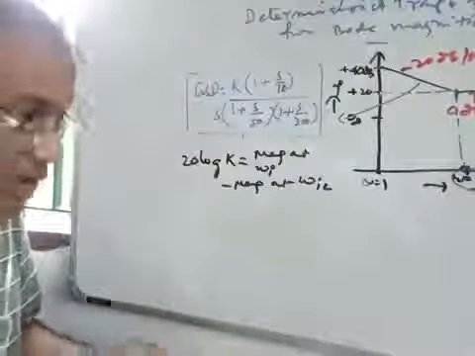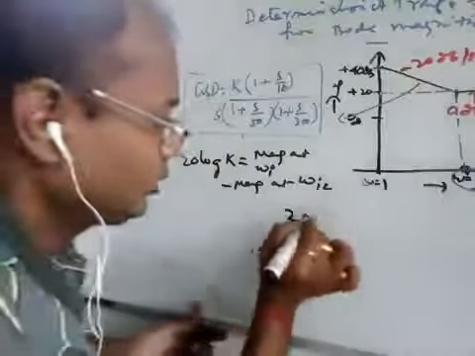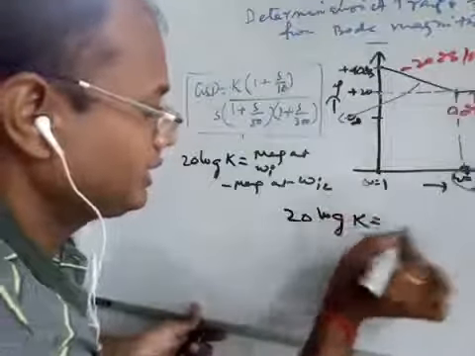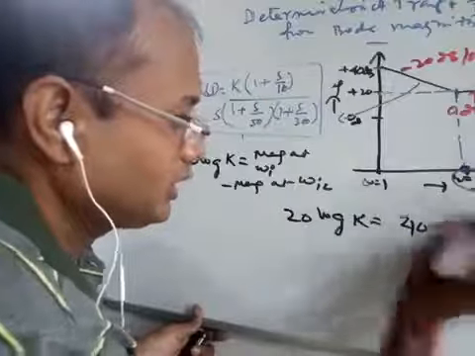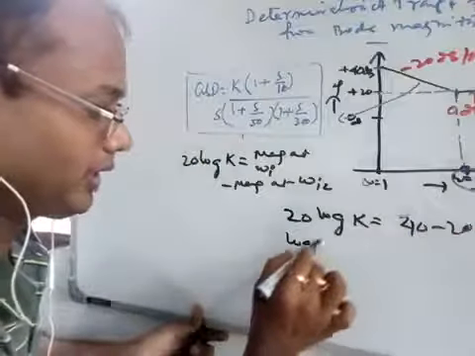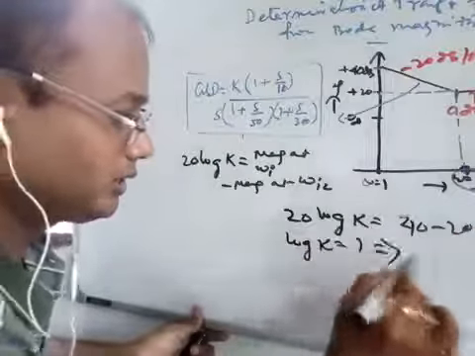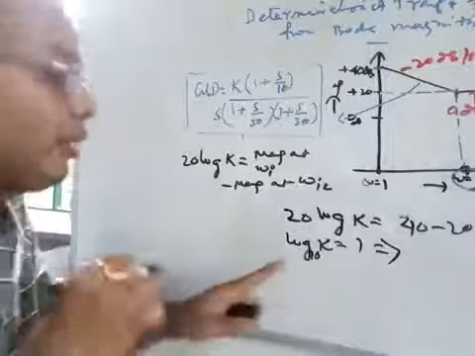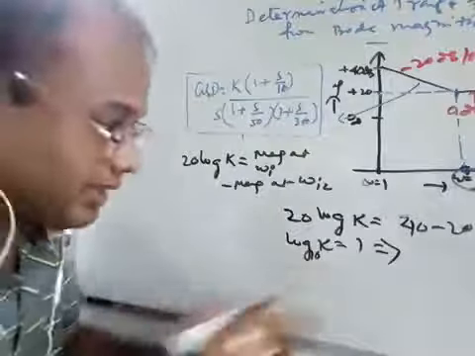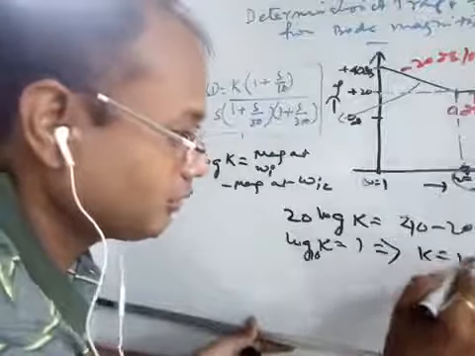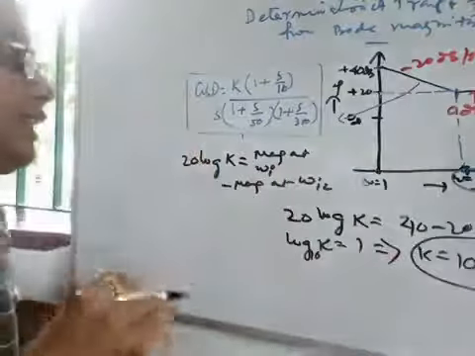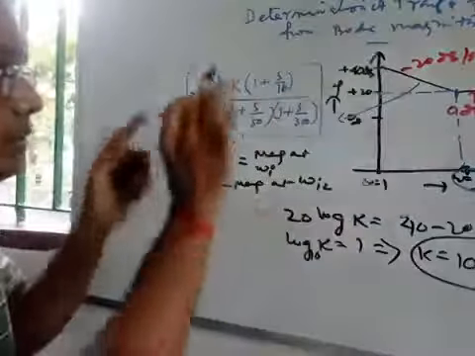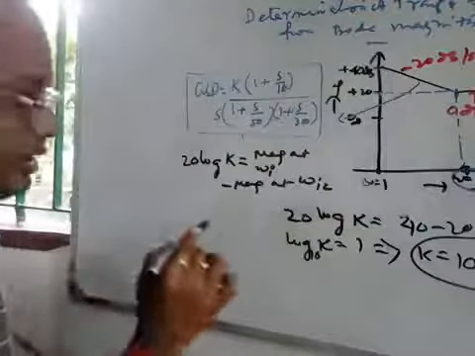So what expression are you getting? That is 20 log of K is equal to 40 minus 20, that means 20. So log of K equals 1. This is always base 10. That means K equals 10 to the power 1. So 10. What is the value of K you get? 10. Now see what is your ultimate transfer function you will receive.